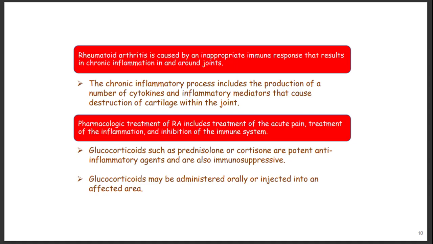Because when you look at the prostaglandin pathway, you are starting from the cell membrane, the phospholipid that is there, and then it's being converted, and before you can go to the leukotrienes and the prostaglandins, you are having arachidonic acid. So at that stage you can inhibit it using glucocorticoids before you can go to the leukotrienes and the prostaglandins.